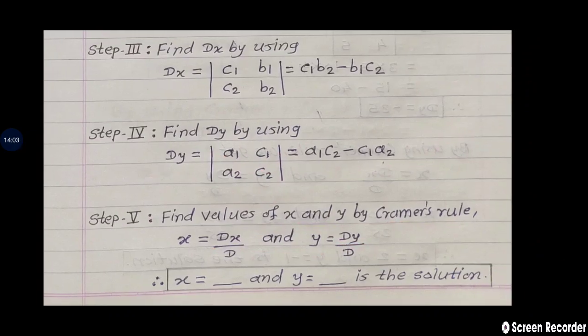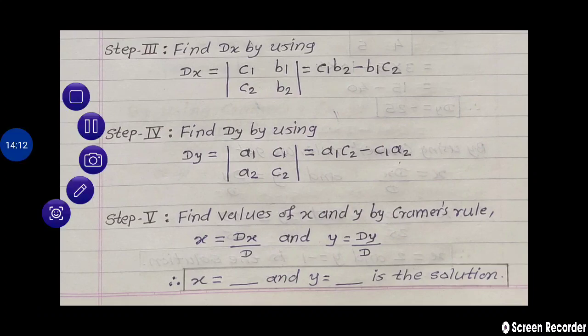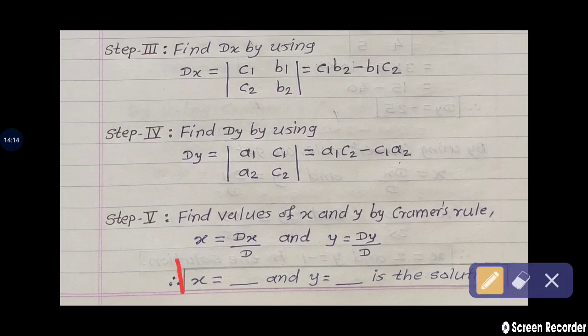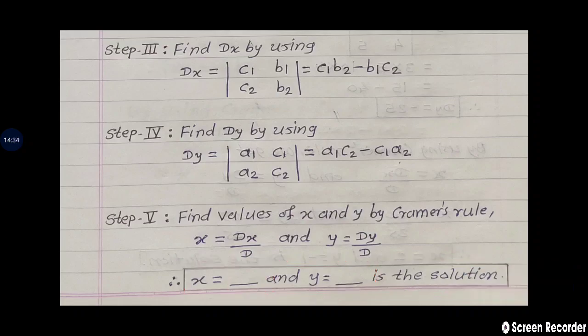After division, you get the proper answer in the form of numbers. At the last, we highlight our answer. Therefore, check the final answer that we write in this pattern: x is equal to dash and y is equal to dash is the solution. We get some numbers after dividing dx by d and dy by d. So this is the general format.